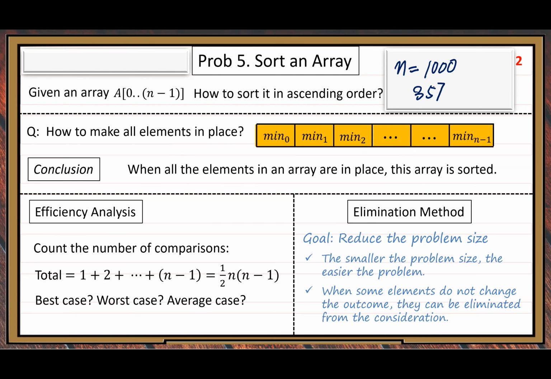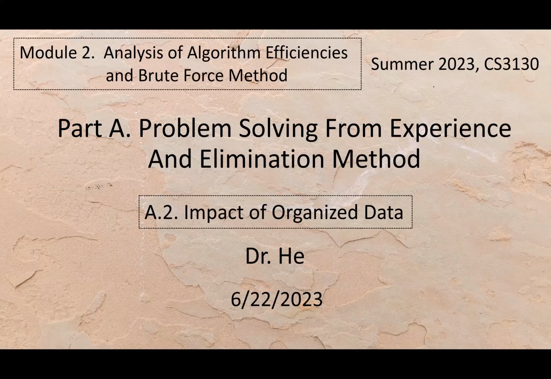But if you are not aware of this, you still keep those useless elements in the group. Then you may do redundant operations and waste your operations. So that's the summary of this method.